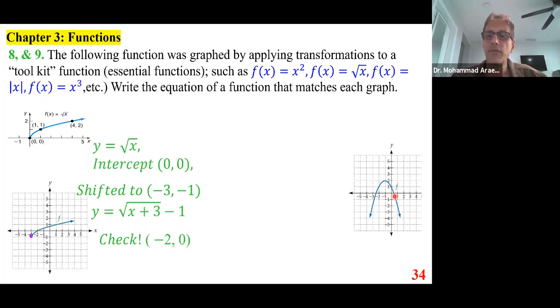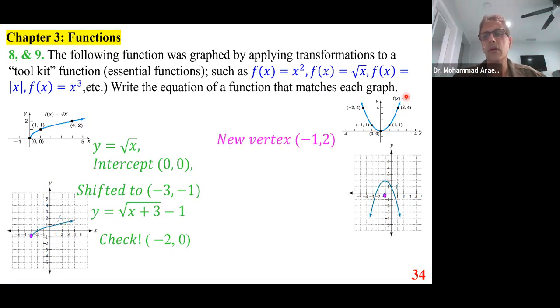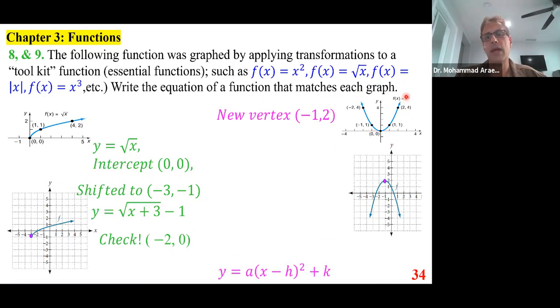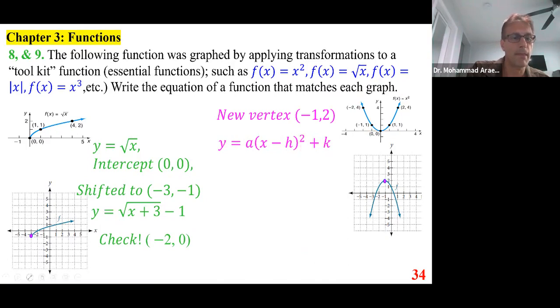When you look at this graph, you notice it's a parabola that opens down. I hope you remember the general formula. First of all, a parabola y equals x squared, and the general formula, the vertex format, is a times x minus h quantity squared plus k.